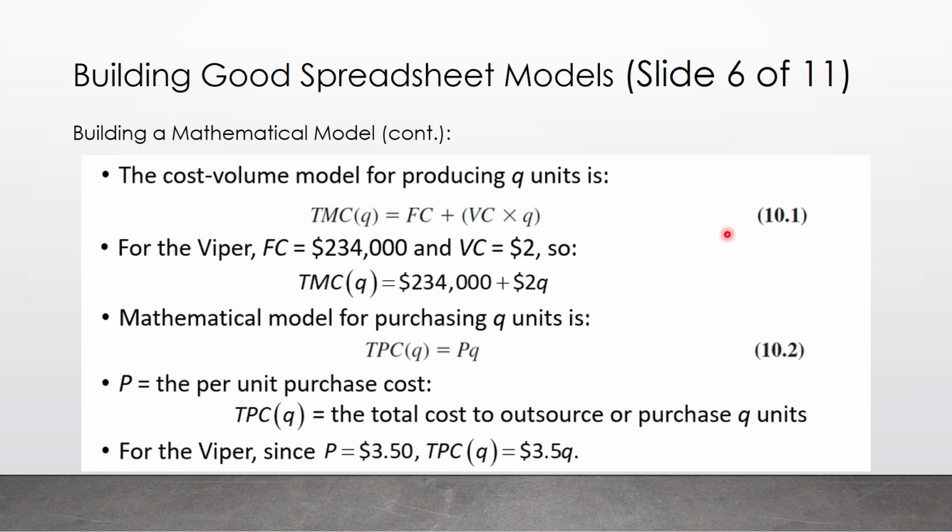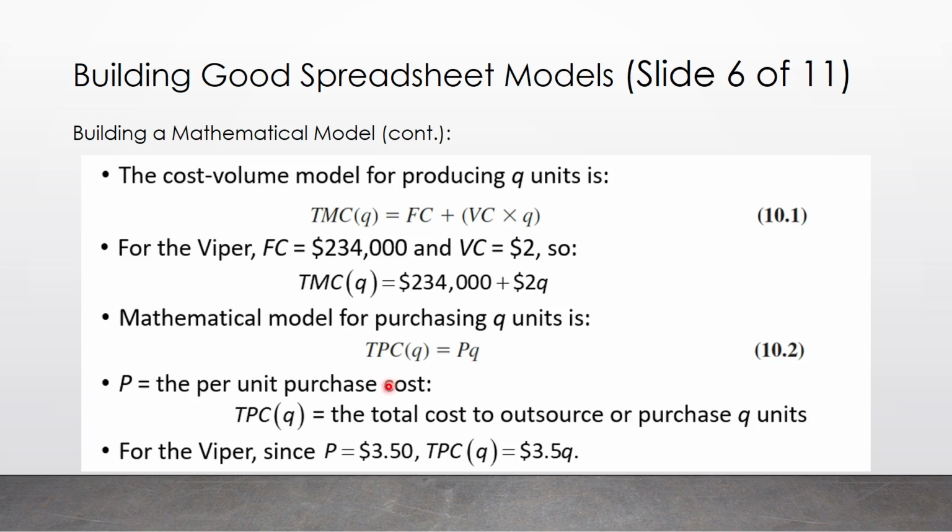For example, the decision to produce Q equal to 10,000 units would result in a total cost of TMC of 10,000, that is equal to 234,000 plus $2 times 10,000, which is equal to 254,000.